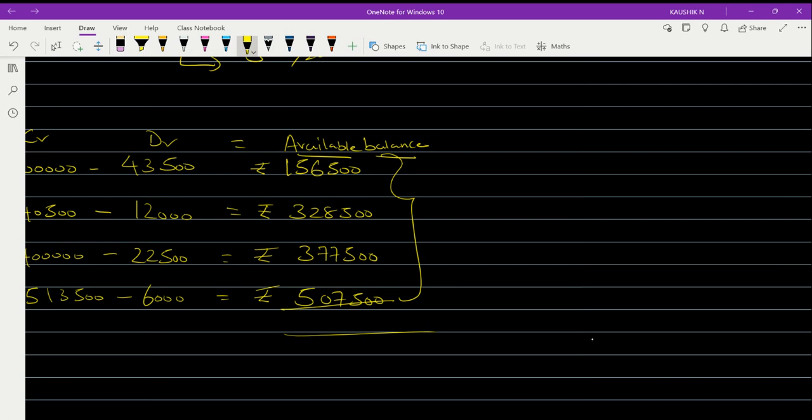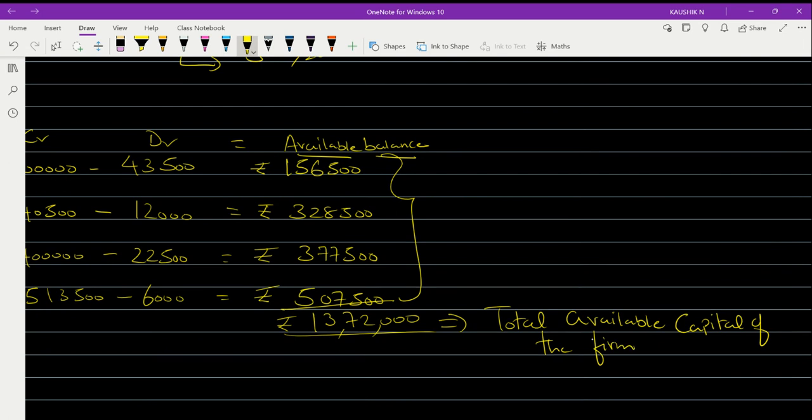Okay. 13 lakhs 72,000 rupees. This is nothing but the total available capital of the firm.